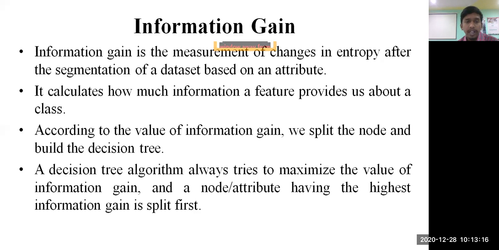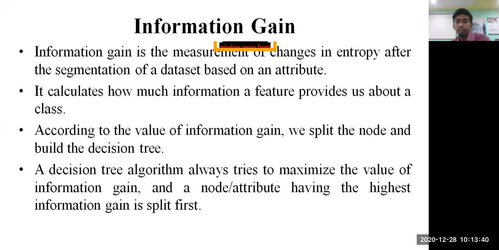So it calculates how much information a feature provides us about a class. Each attribute or each feature has some information. According to that information, whichever attribute has the maximum value among all the attributes will be selected as the best criteria for making decisions.